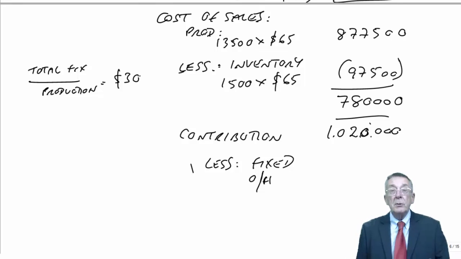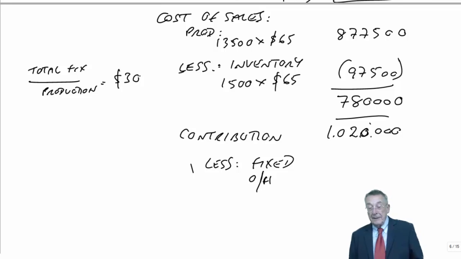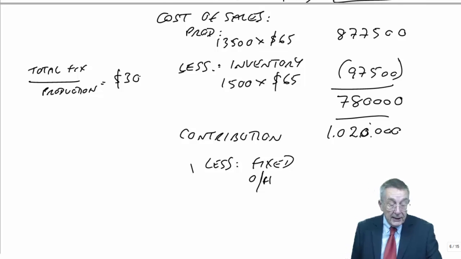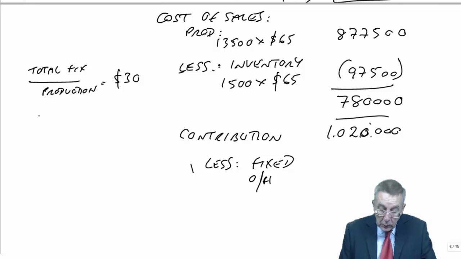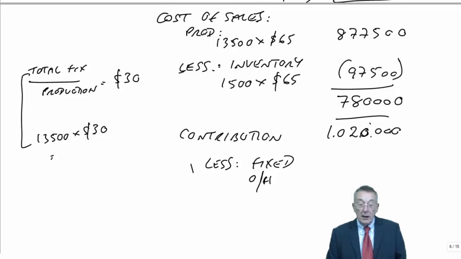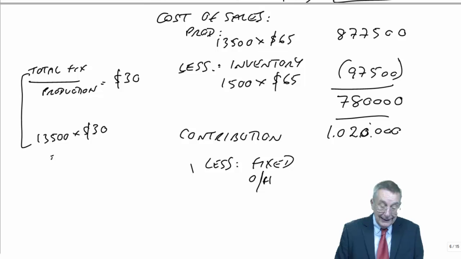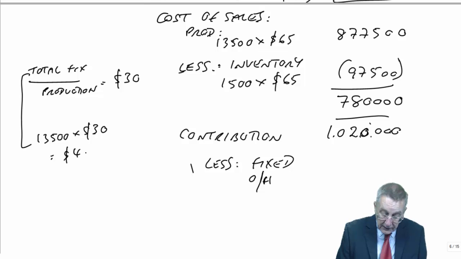So that's how the 30 will have been arrived at. Well, since they were producing 13,500, the total must have been 13,500 times 30. They must have been working on fixed overheads in total of 405,000.